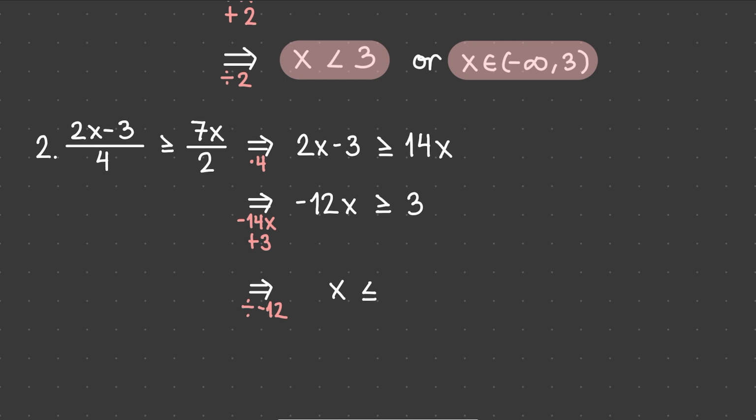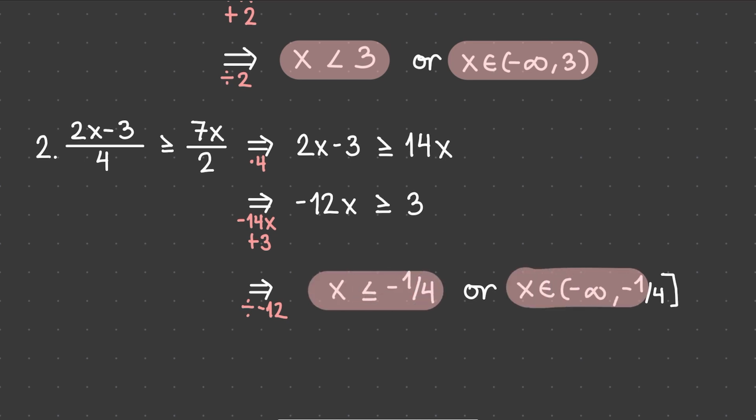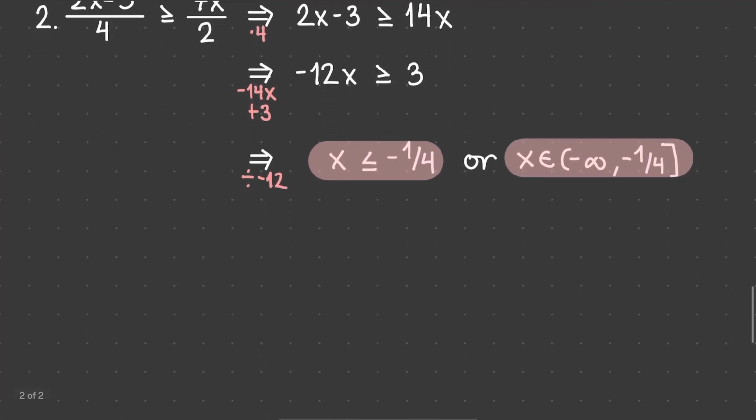That will give you -1/4. Or in interval notation, this is given by x in the interval from -infinity to -1/4 with a closed bracket, since this time we are dealing with less than or equal to. And these two are basically the answer for this. Okay, let's move on to the third item.